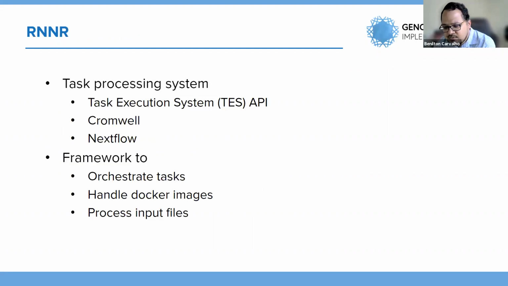In addition to that, we have another tool called Runner, which is a task processing system that uses TES, the Task Execution System API. It also allows for the use of Cromwell and Nextflow.